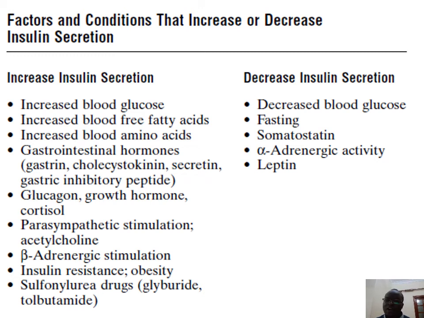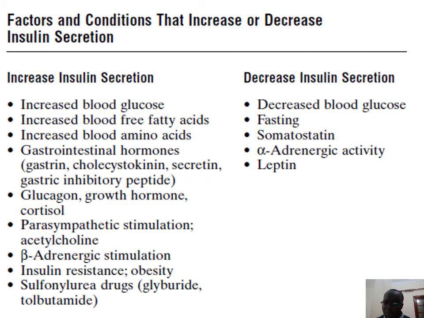Then you have the alpha-adrenergic activity. This is the sympathetic stimulation, which is going to inhibit insulin secretion because the GIT is activated by the parasympathetics. That's why the parasympathetics is going to increase insulin secretion. Then the sympathetics is going to inhibit the secretion of insulin.